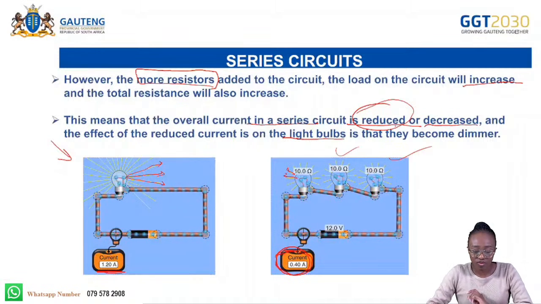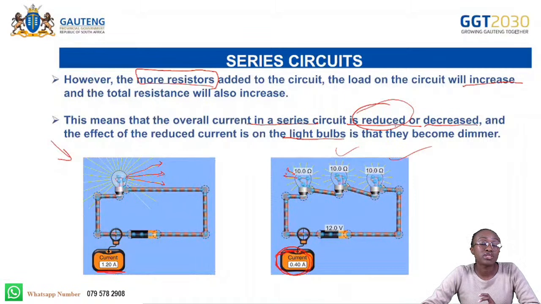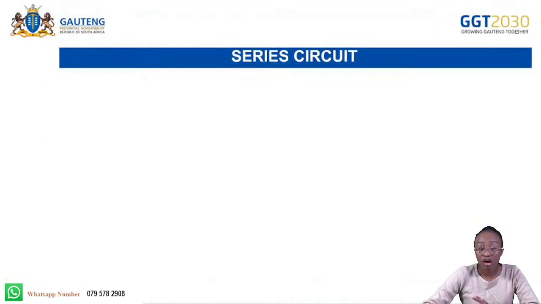That is one of the disadvantages of using a series circuit. The more resistors you add, the more current is reduced, and we can clearly see it by the dimming in brightness of the bulbs.